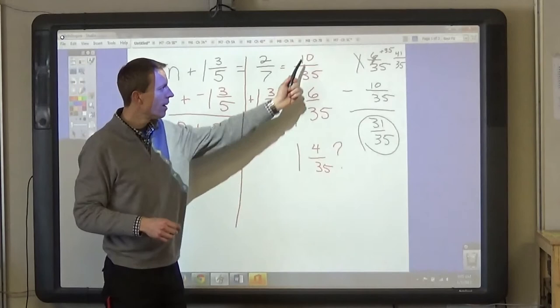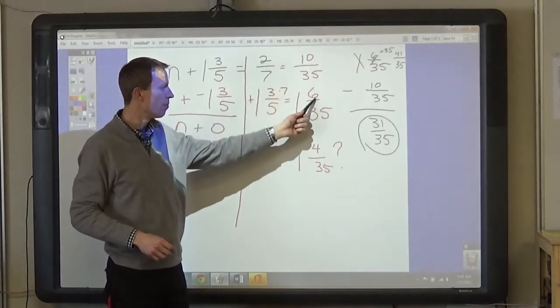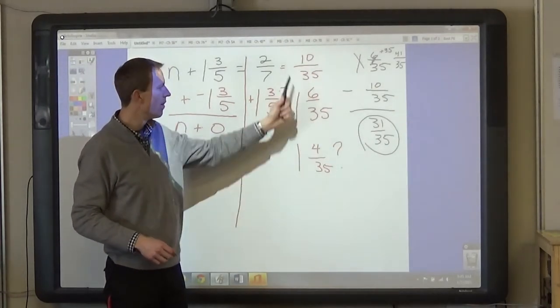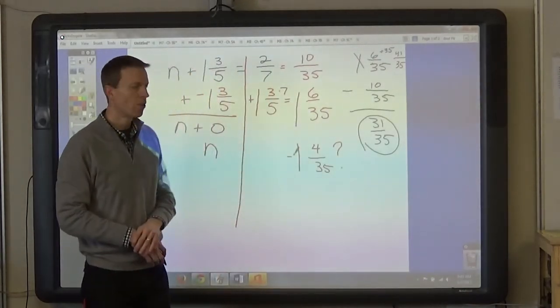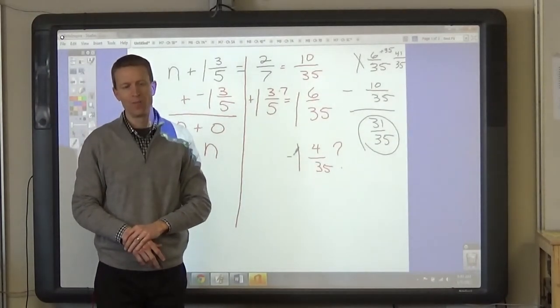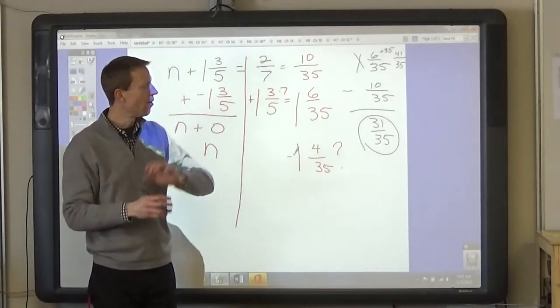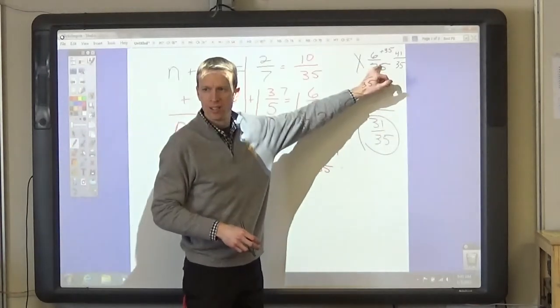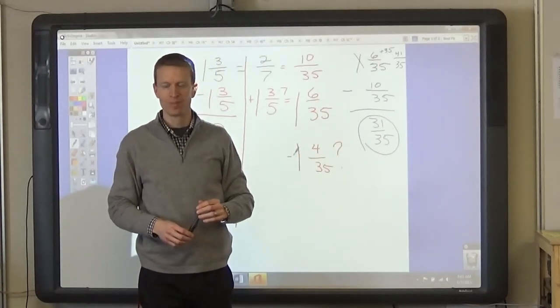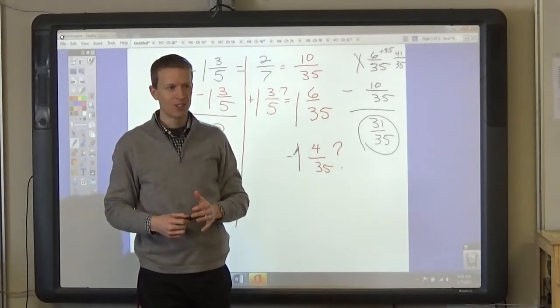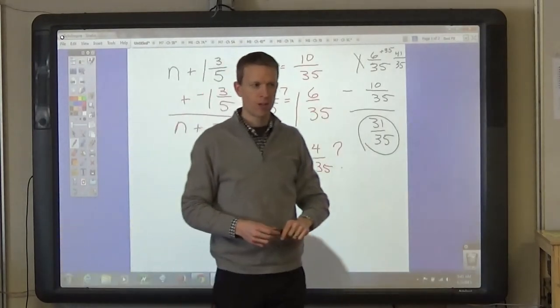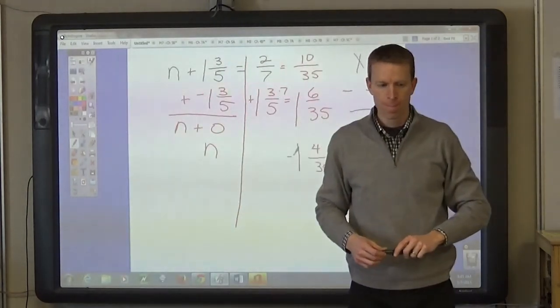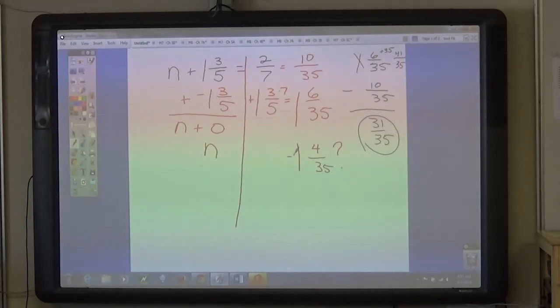Otherwise, you start looking at this and say, oh, 10 minus 6 is 4, and then 0 minus 1 is 1. So that's negative 1 and 4/35. No. We have to turn it around, and then we'd have to cut up the whole. You get the wrong answer if you do that this way. Any questions about that? Alright, so we're solving those simple equations simply by adding the opposite to both sides.